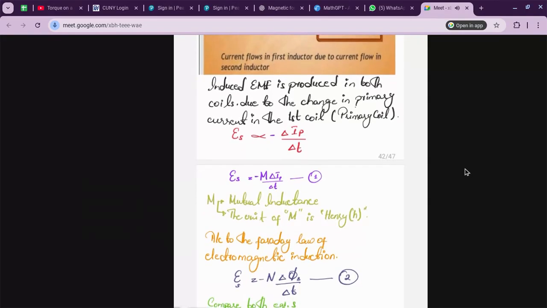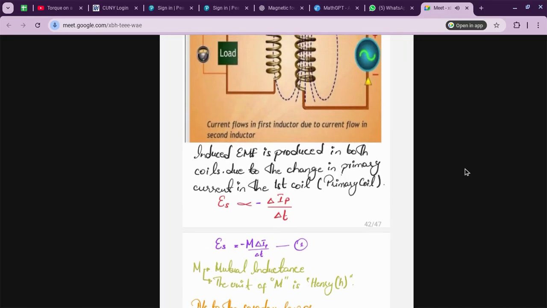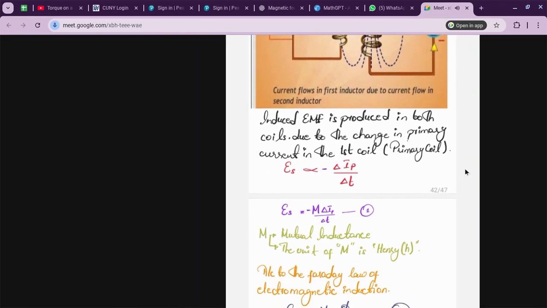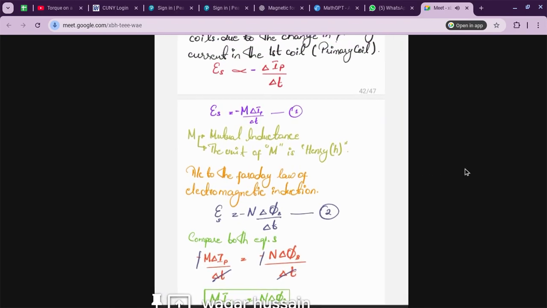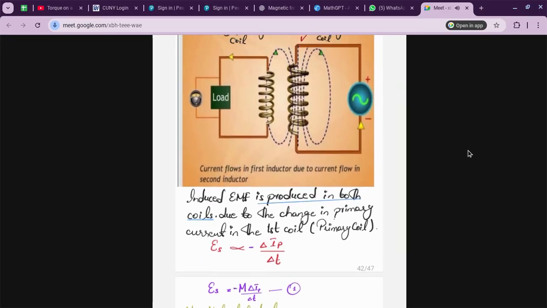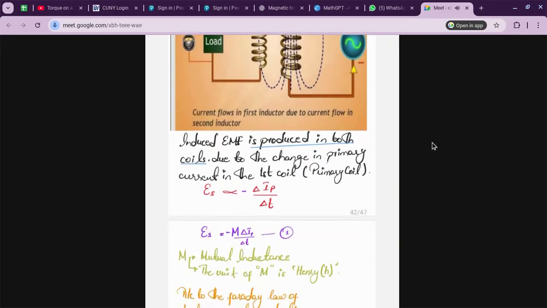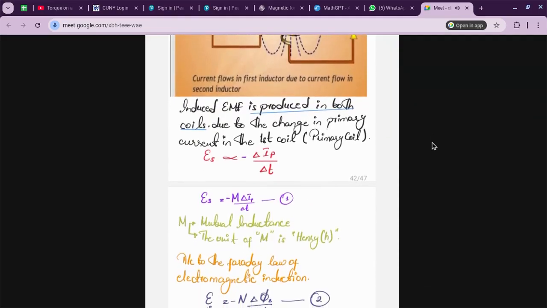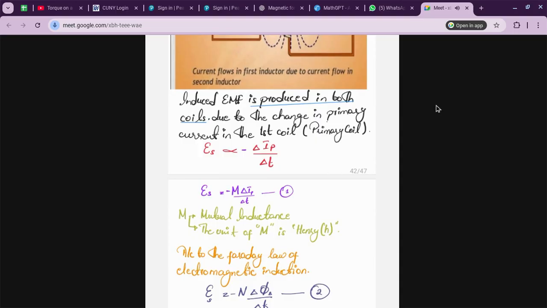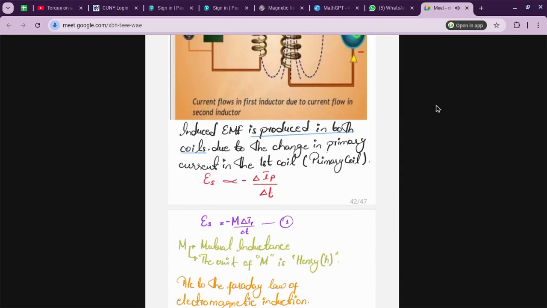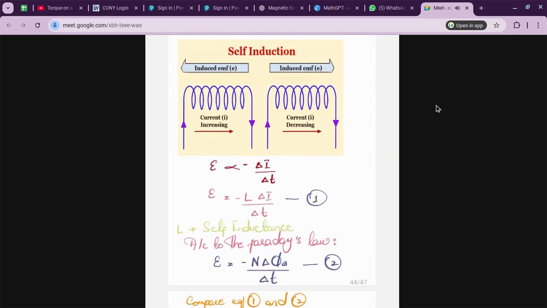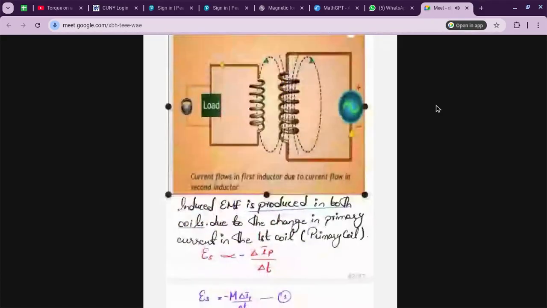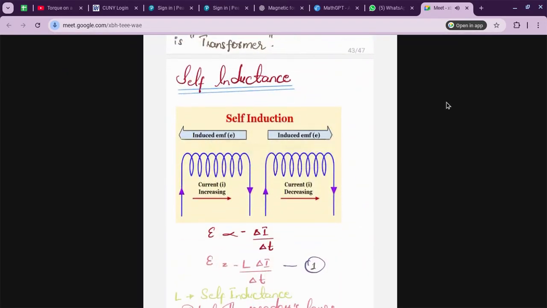When I taught you that topic, I told you the induced EMF is produced in both coils, but in mutual inductance we are keen to study the induced EMF of the secondary coil, not the primary coil, because we have another topic which we call self-inductance, in which we study the induced EMF within a coil at which the current is changing.